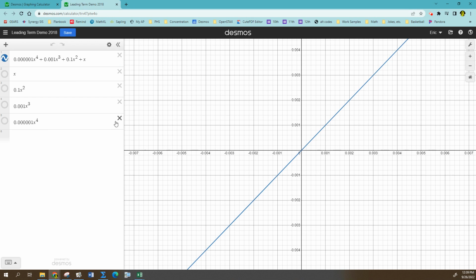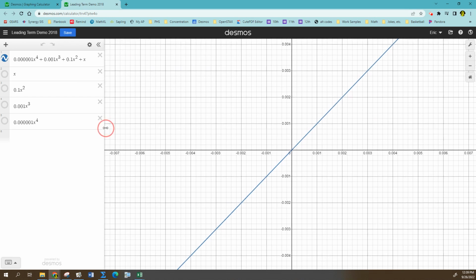Okay, and we're going to look at this thing on different scales. Well, right now, which of those 4 terms appears to dominate the behavior of that function? The linear, the quadratic, the cubic, or the quartic? Everybody agree the linear one does? If I superimpose our polynomial with the graph of y equals x, well, they line right up, don't they?